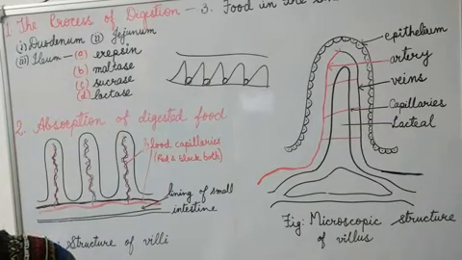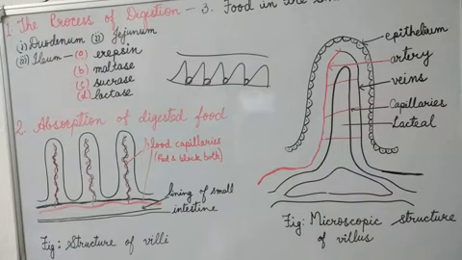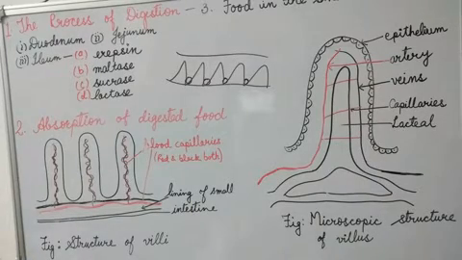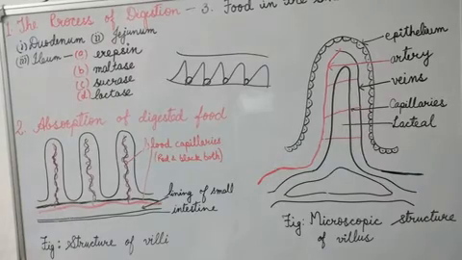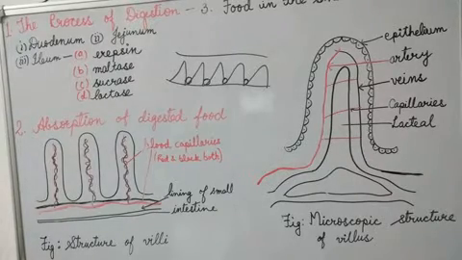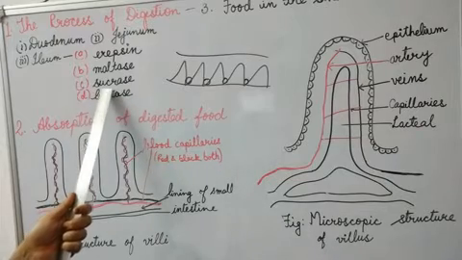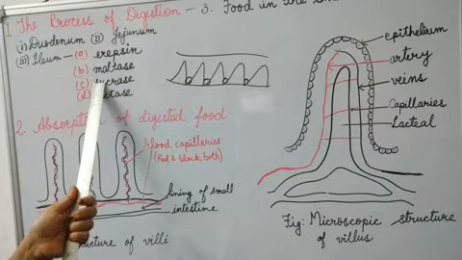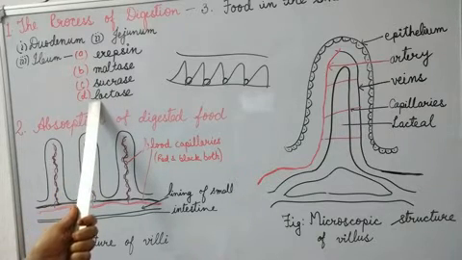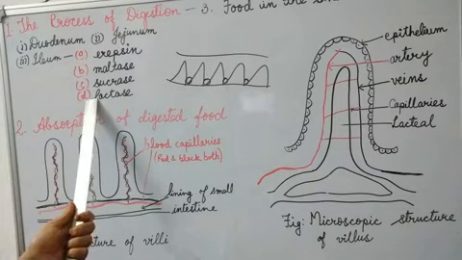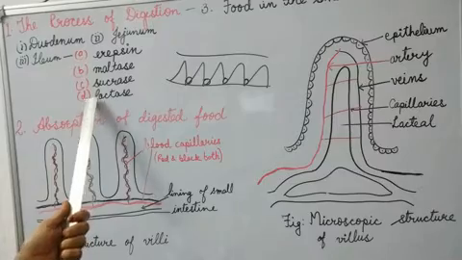Erepsin acts on the peptones and peptides and converts them into amino acids. Maltase changes maltose into glucose, and sucrase changes sucrose into glucose and fructose. Lactase changes lactose into glucose and galactose.